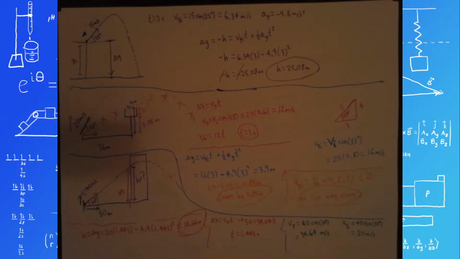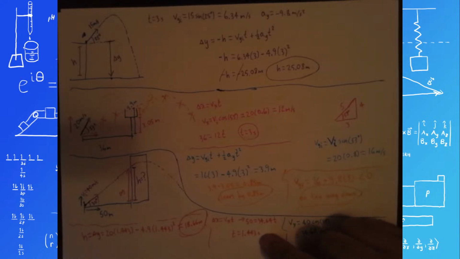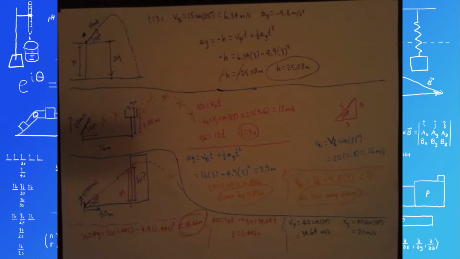well, I guess we can answer one more thing about this. This wasn't really asked by the problem, but might as well do the math. So if time is 1.44 seconds, I'll say 1.5 seconds. 1.5 times negative 9.8 is about negative 14.7, and Vy initial is 20.